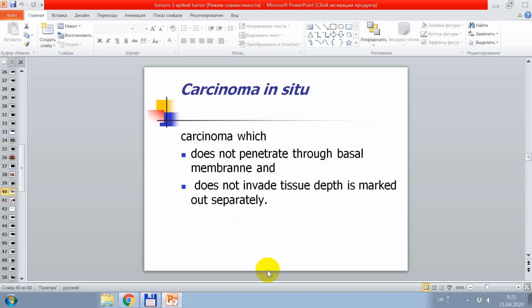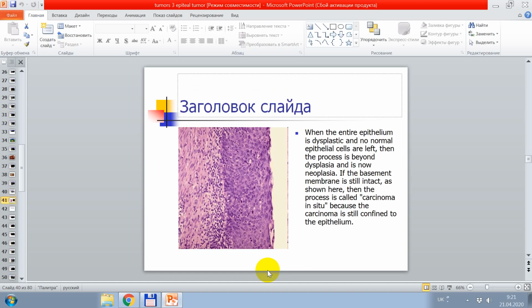Carcinoma in situ. Carcinoma which does not penetrate through the basement membrane and does not invade tissue depths is marked out separately. These are the histological signs of adenocarcinoma in situ.